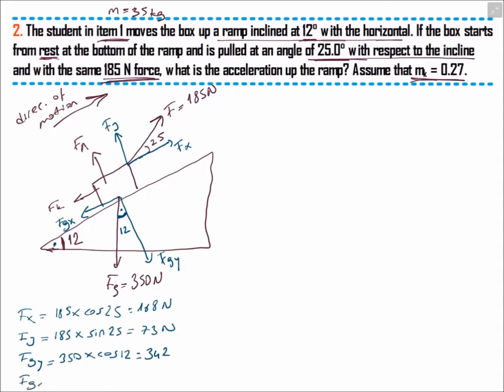And Fgx will be 350 times sine 12, so it will be 78 Newton.